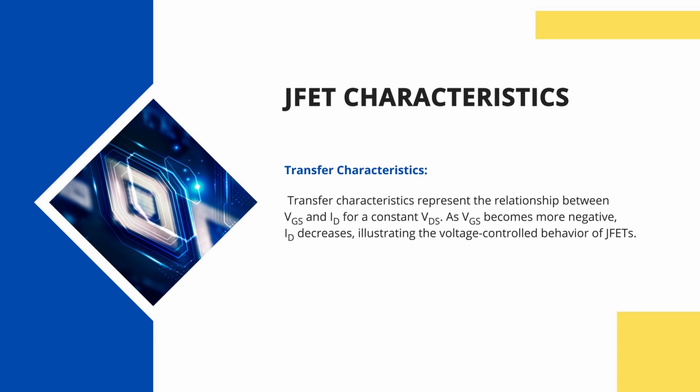As I have told you, drain current will always be on the y axis, and here we are deriving the transfer characteristics, so the gate voltage will be on the x axis, and we will draw the characteristics keeping the drain voltage constant. As VGS becomes more negative, ID decreases. So, as the gate voltage becomes more negative, drain current decreases, showing the voltage controlled behavior of a junction field effect transistor.